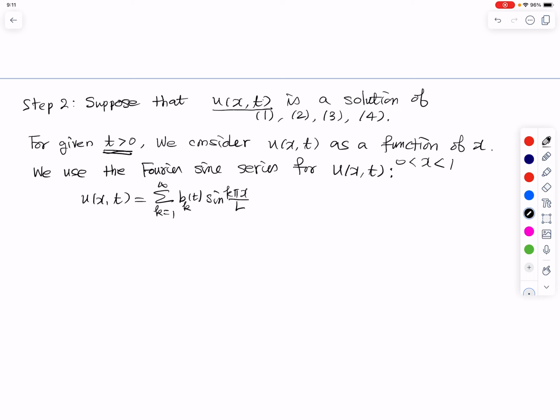If you change t to another value, then bk will be different. So here bk(t) equals 2 divided by L, integral from 0 to L of u(x,t) sine k pi x divided by L dx.